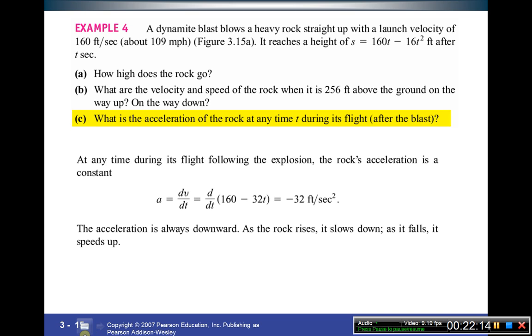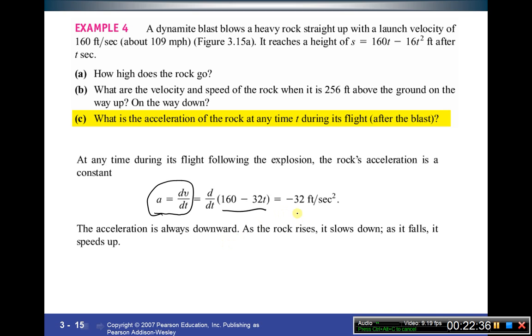And then the next question is, what is the acceleration of the rock at any time t during its flight? Well, the acceleration is dv/dt. And recall that the velocity was 160 minus 32t.